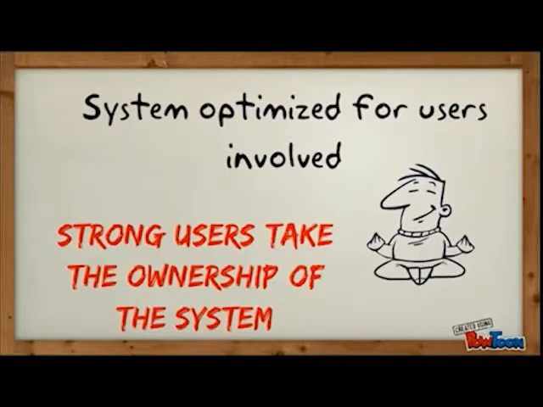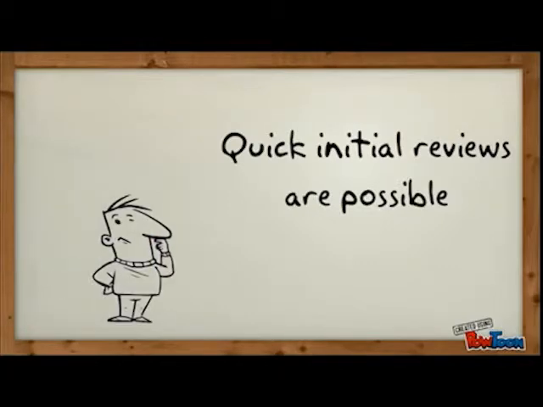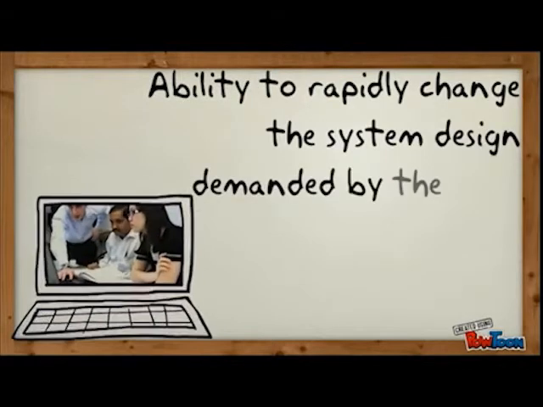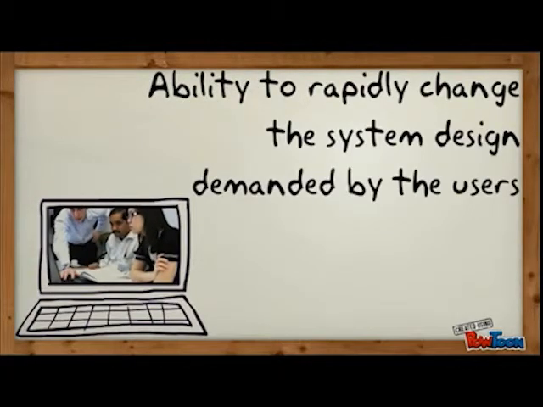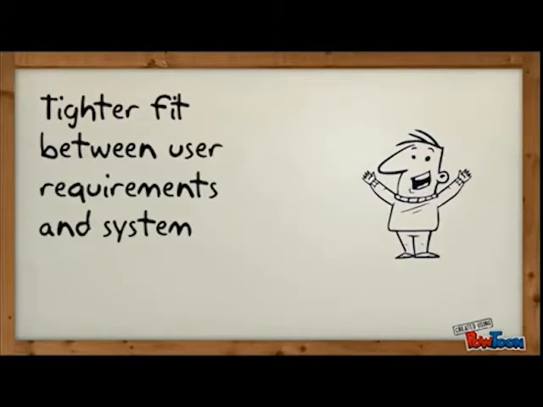Building prototypes of the system makes quick initial reviews possible and helps the end users to develop the system themselves by proposing changes and improvements. This gives the ability to rapidly change the system as demanded by the end users. These continuous requirements and changes lead to a tighter fit between the user requirements and the system.